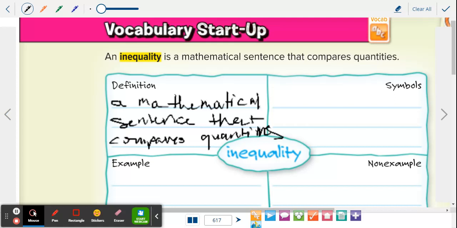All right, the symbols, like I said, are less than, greater than, less than or equal to, or greater than or equal to. There are 4 symbols.